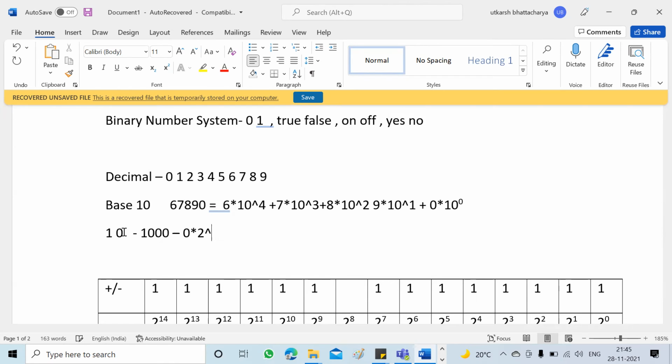Next comes 0 into 2 to the power 1. Third, 0 into 2 to the power 2.